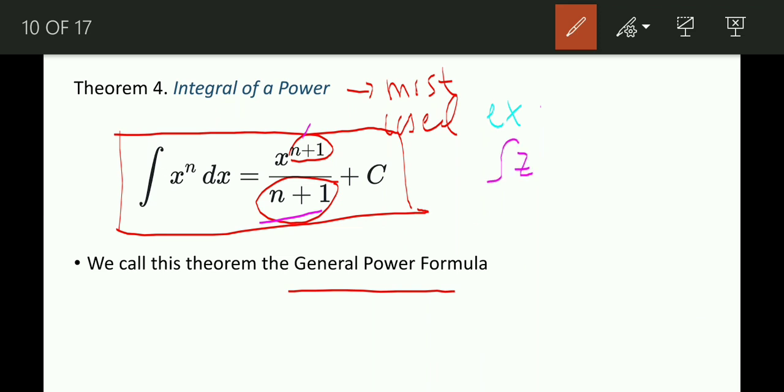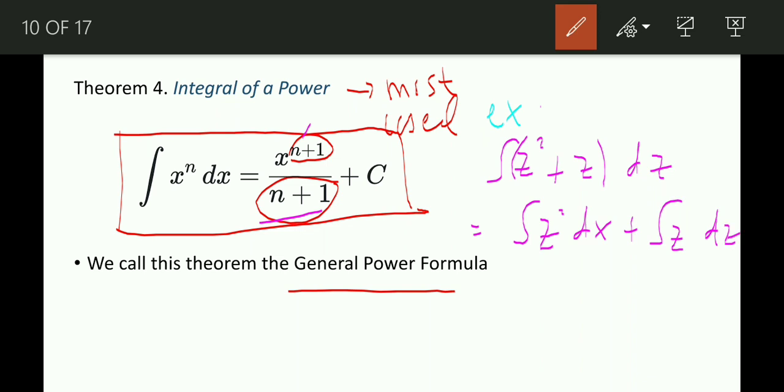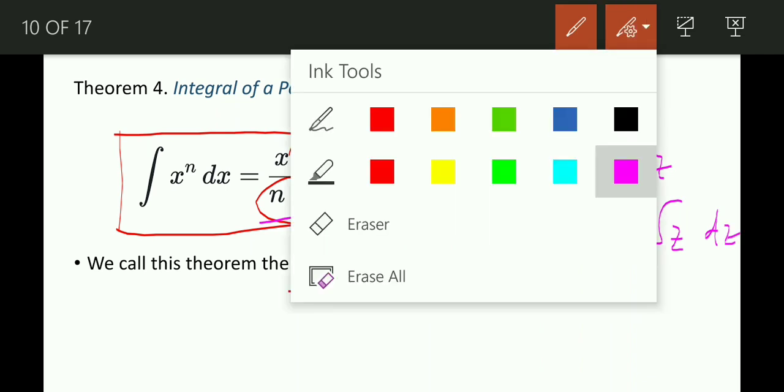Another example, the integral of the quantity z squared plus z dz. On this given function, you will notice that there is an addition. Therefore, we can separate these two functions using theorem number 3. So it will become the integral of z squared dz plus the integral of z dz.